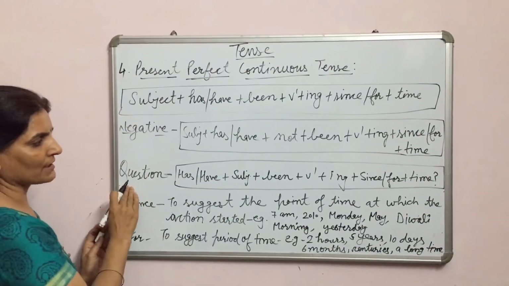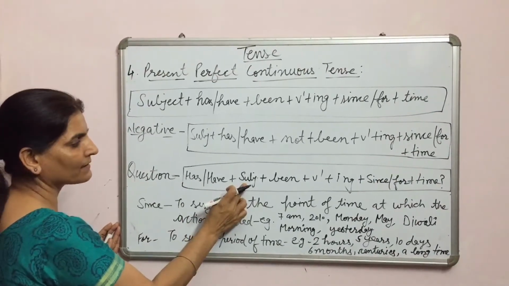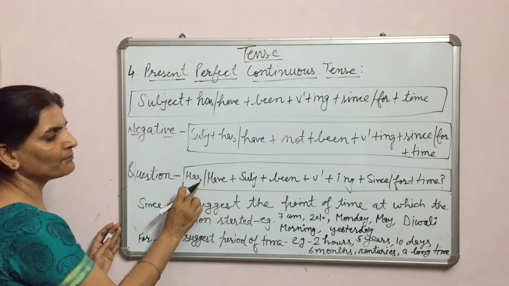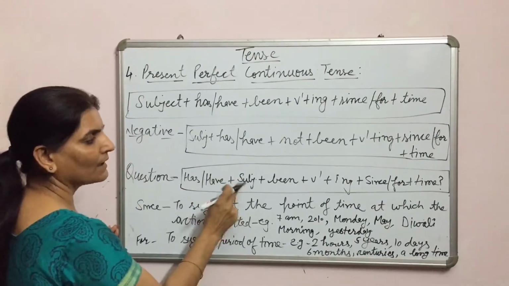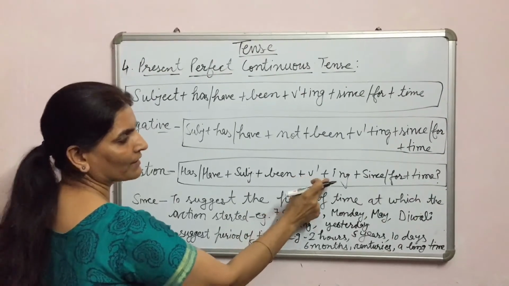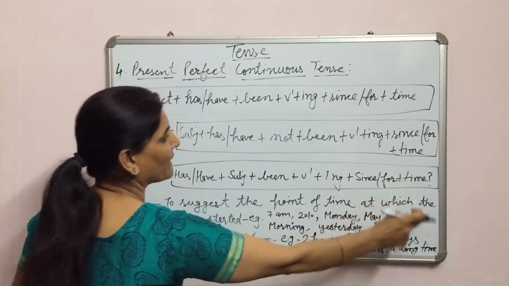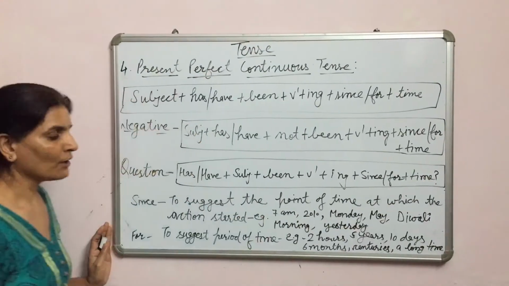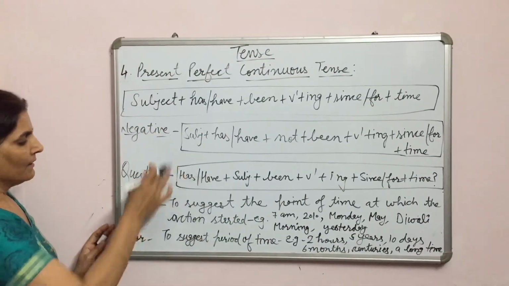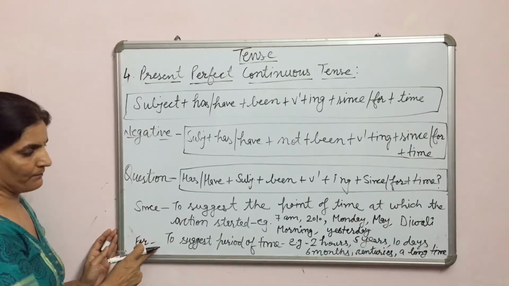While making questions, helping verb has or have according to subject will come before the subject, and after that been, then V1 plus ing, then since or for, and after that time, and at the end we will put a question mark.